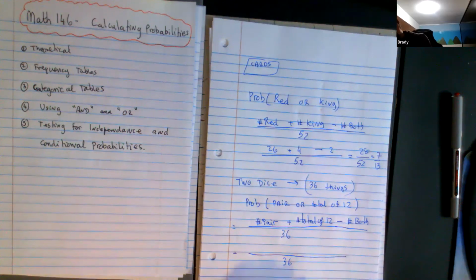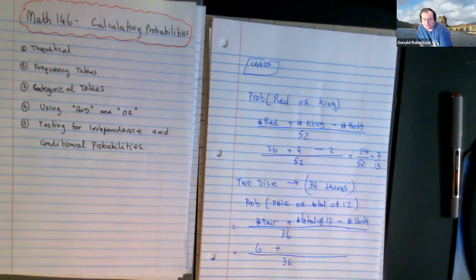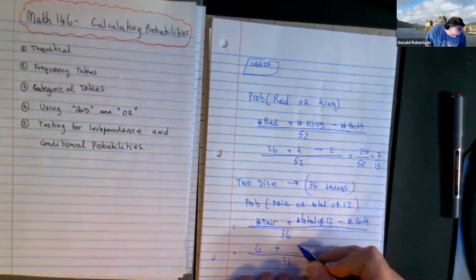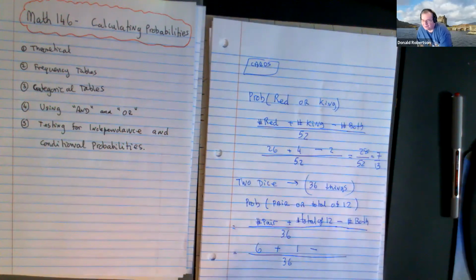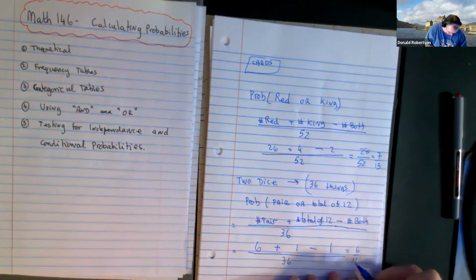Yeah. How many add up to a total of 12? 1. And in this case, isn't that 1 a double 6? And so you end up with 6 out of 36, which is a 6th.